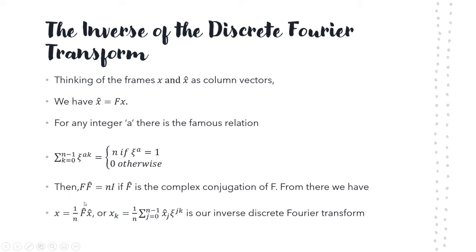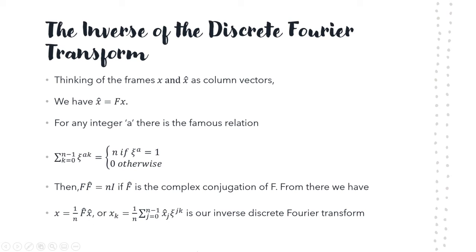So from there, we have f hat f equals n I, where I is the identity. We are not going to prove this because it's out of scope, but we use this fact to compute the inverse discrete Fourier transform.